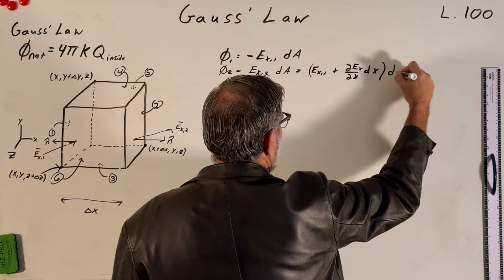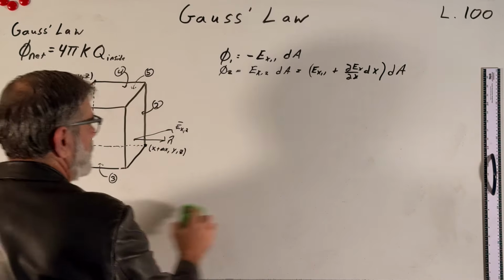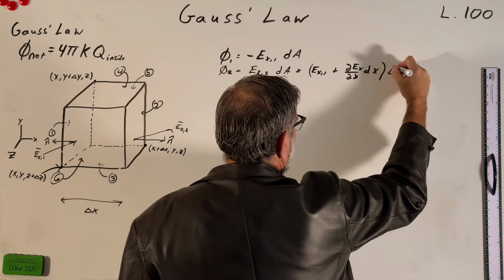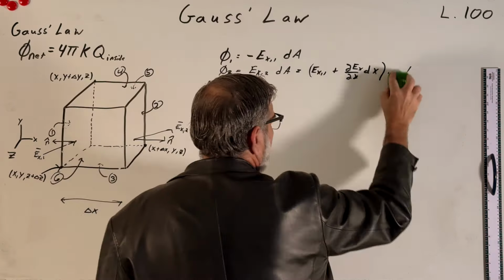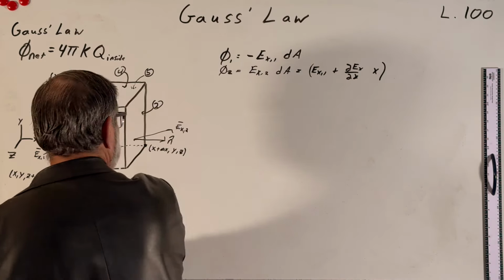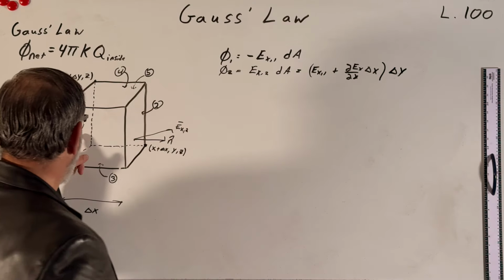And then this, of course, is going to be all multiplied times dA. But what is dA? Actually, I don't want to use dx. I want to use delta x here, okay? We just write it as delta x. So what is an area element on surface 1?